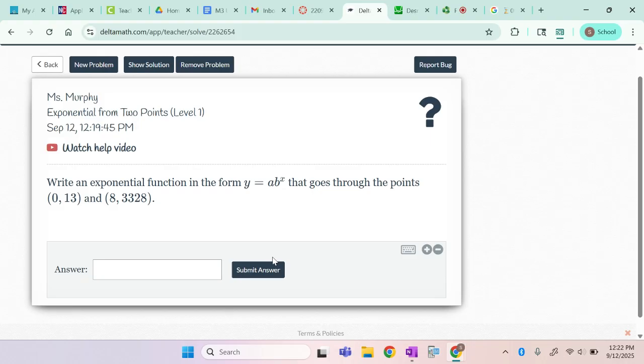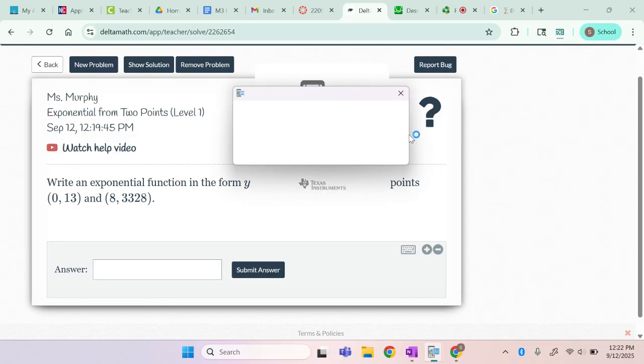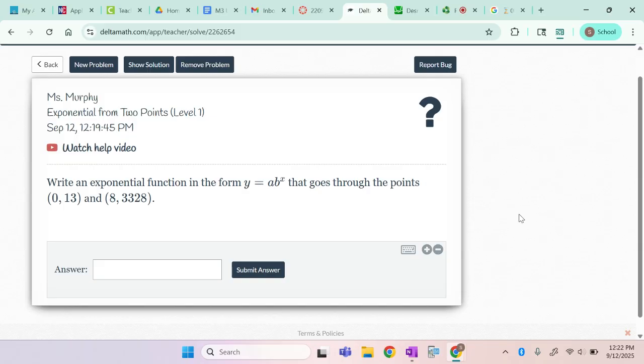Here, let me pull it up because I actually have the calculator. So what you guys are going to type in is math, then number 5 has a little X and then the square root symbol.